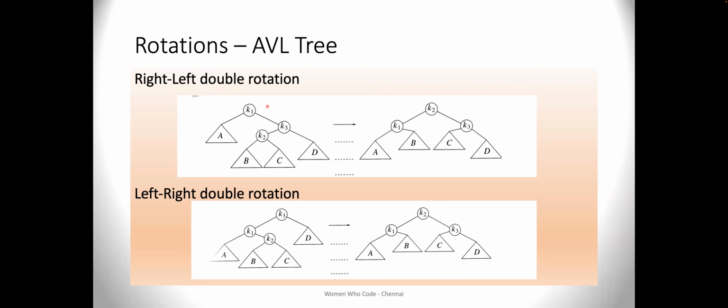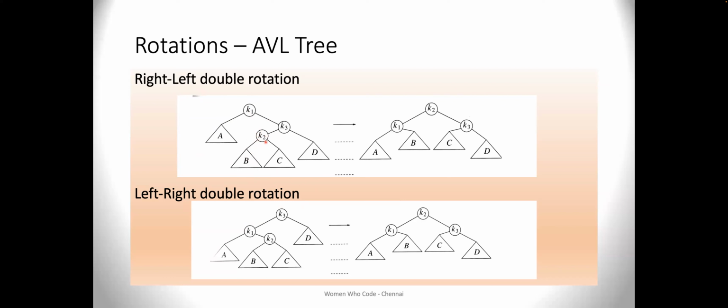In double rotation, the most used are left-right and right-left. They call it that way. These two could be very vague to see, but just remember these things. When you have to do a right-left double rotation, the moment you are inserting something here and one of your subtrees becomes heavy and the balancing factor is messing up, how do we approach it?